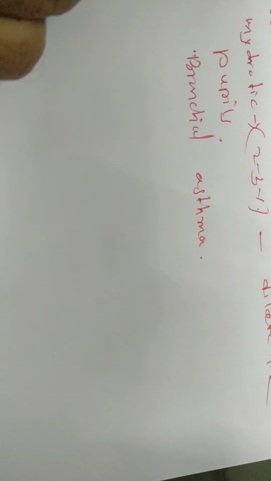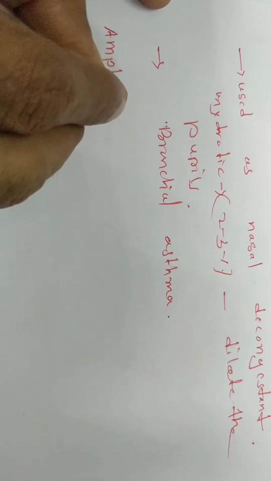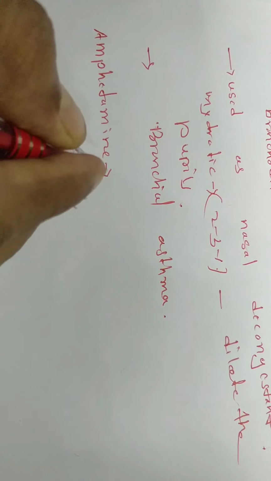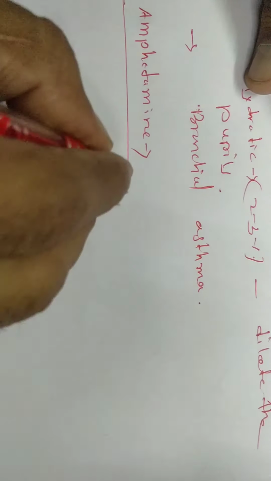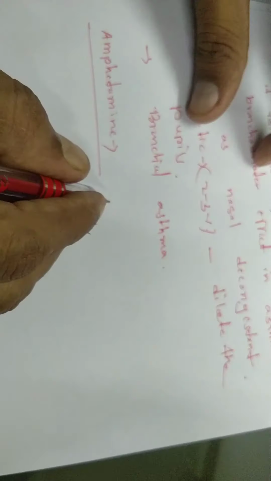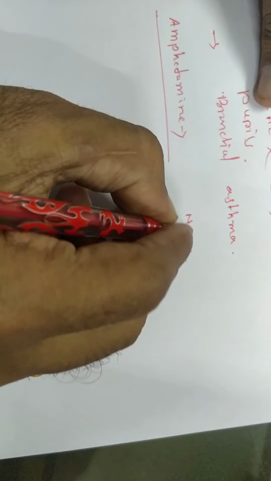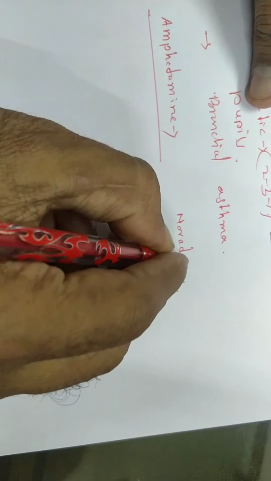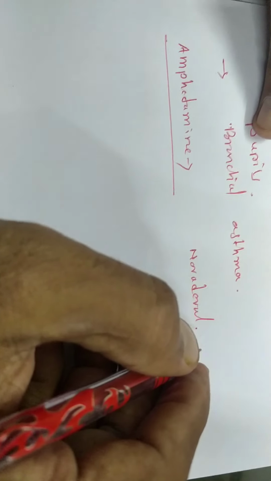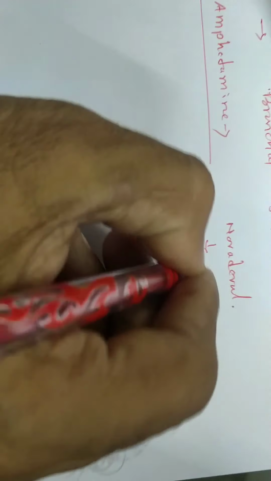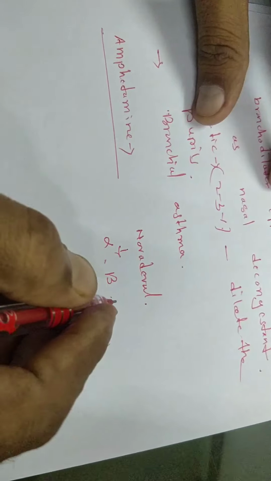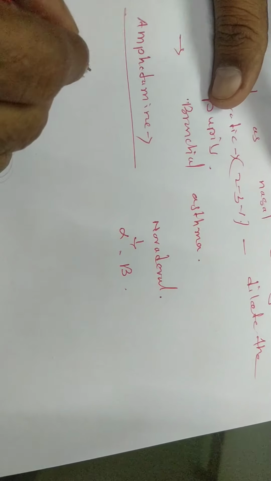Next is amphetamine. The amphetamine action, it releases the noradrenaline, and in addition, it acts on alpha and beta receptors in the peripheral effects. It is a powerful stimulant.